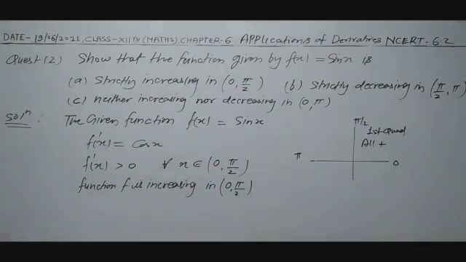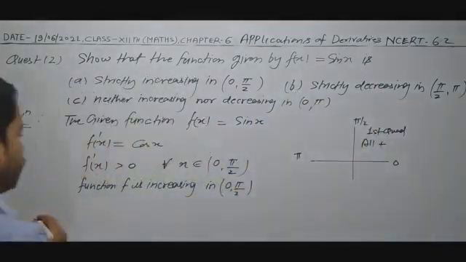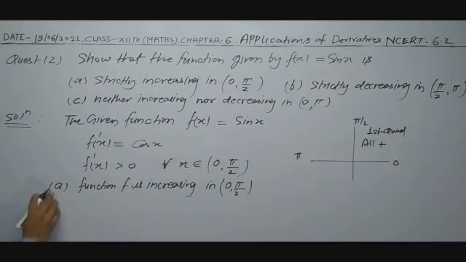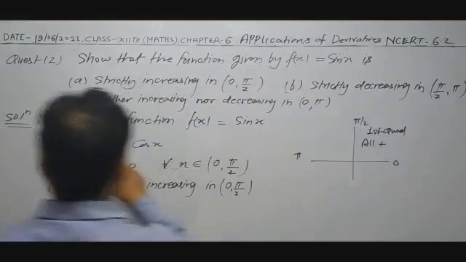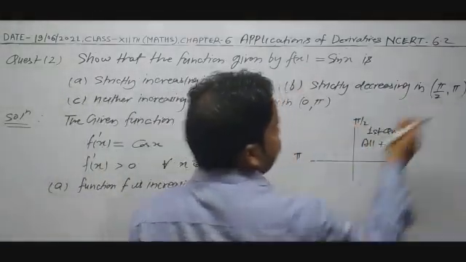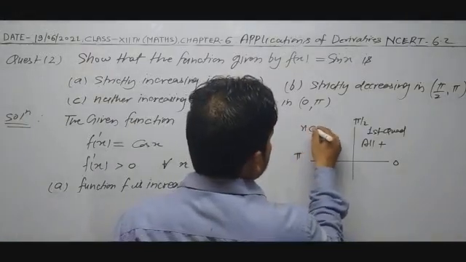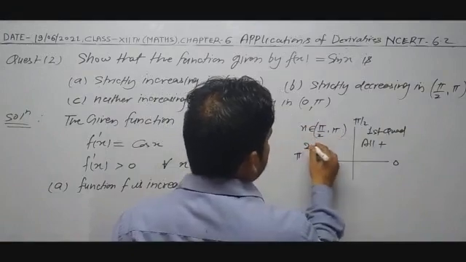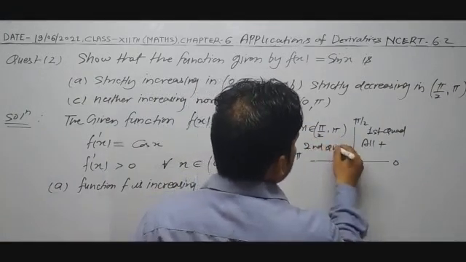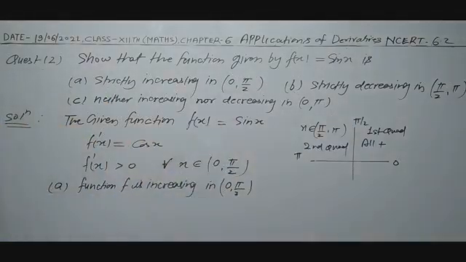This is the first part answer. Now for decreasing, I will check the value of f dash x in pi by 2 to pi. Pi by 2 to pi means second quadrant. x belongs to pi by 2 to pi lies in second quadrant, and in second quadrant the value of cos is negative.